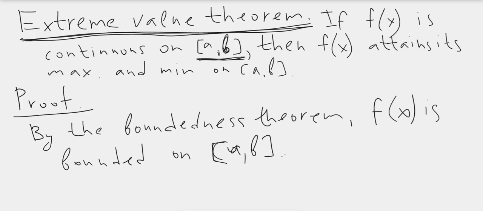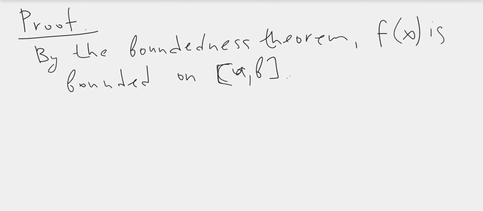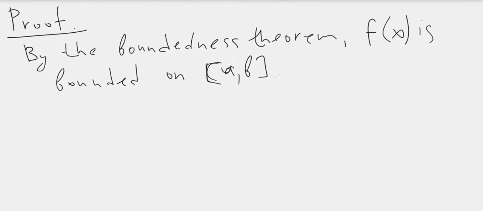We will prove that the function attains its maximum value, and the minimum would be similar. These are two symmetrical statements, so without loss of generality, it's enough to prove only one of them. Because we are proving that it attains the maximum value, we are interested in boundedness from above.